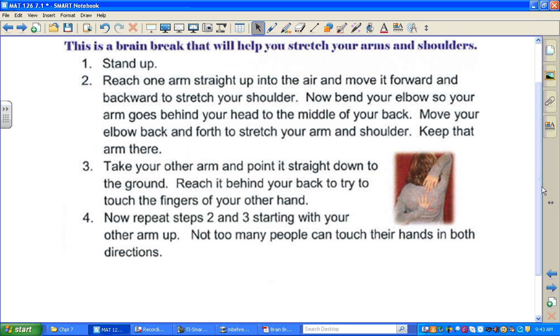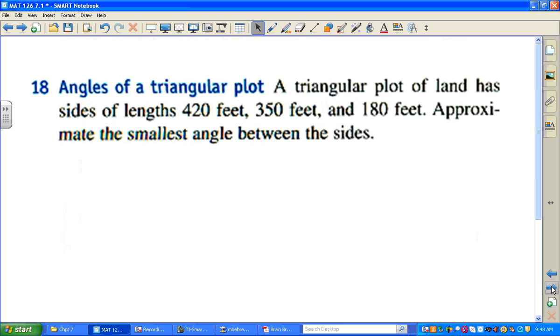Not even close. Take your hands, reach for the tiles, stretch the weight up. Oh, there we go. That feels good. I can't crack my back anymore. Oh my gosh.